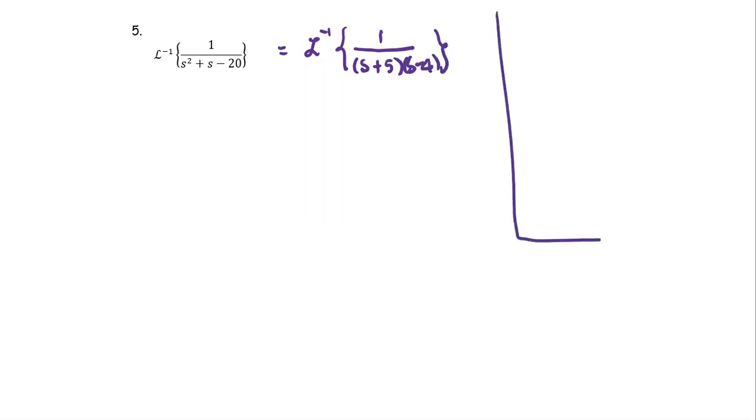The last example, we are going to find the inverse Laplace of 1 over s squared plus s minus 20. This time, the denominator has 3 terms. We're going to start with factoring the denominator to get 1 over s plus 5 multiplied by s minus 4. On the side note, we are going to find the partial fractions.